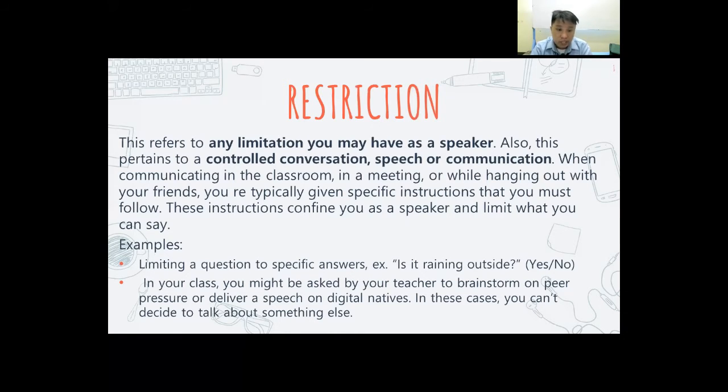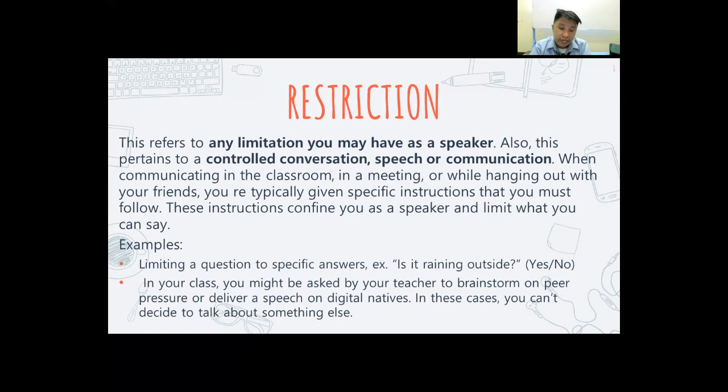So for example, limiting questions to specific answers. For example, is it raining outside? Yes and no. So there is no elaboration, no explanation as well. Just a straightforward answer. So you are using yes and no questions, or questions that are answerable by yes and no, or close-ended questions.